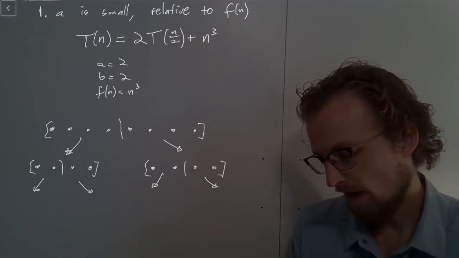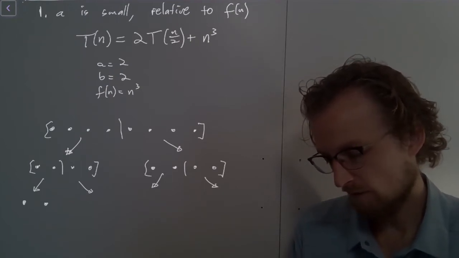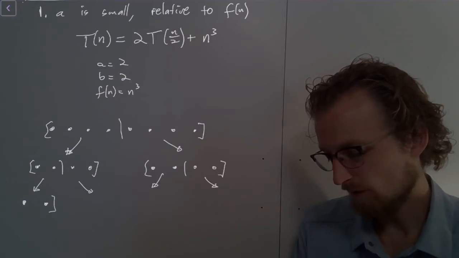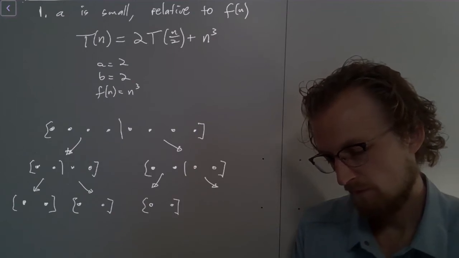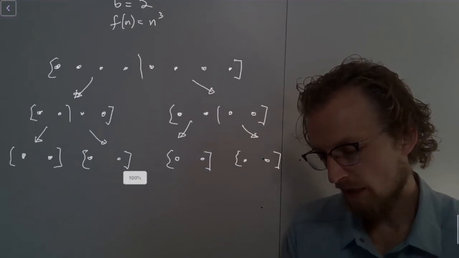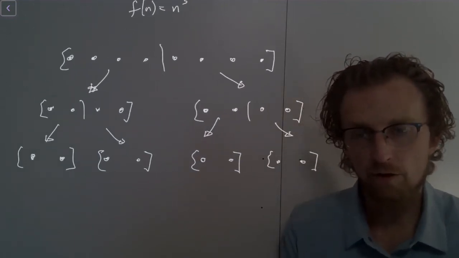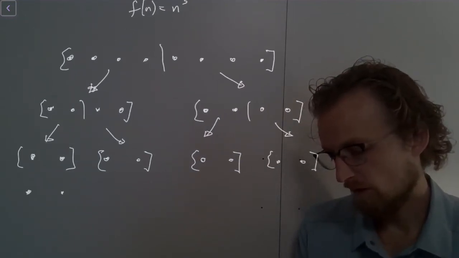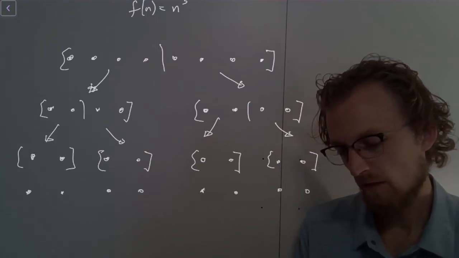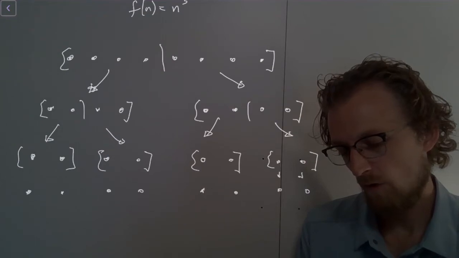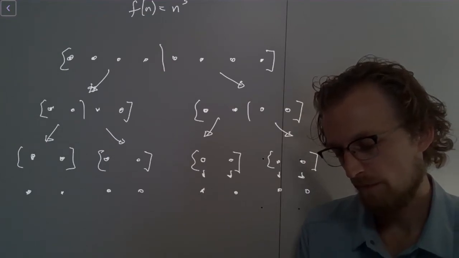And now we have 4 arrays of size 2. And each of them gets cut in half, and we end up with 8 arrays of size 1. So there's 1, 2, 3, 4, 5, 6, 7, 8. And if you don't mind, I'm not going to draw all the brackets.